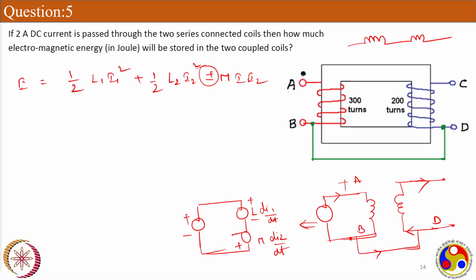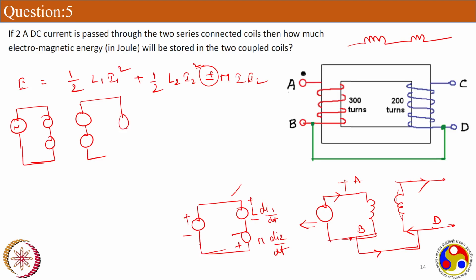Now, if I combine these two, in the same way, if I draw the circuit for the secondary side also, I'll just quickly draw the primary side, and then for the secondary side there will also be two, and there will be some voltage in the output, let's say V2.